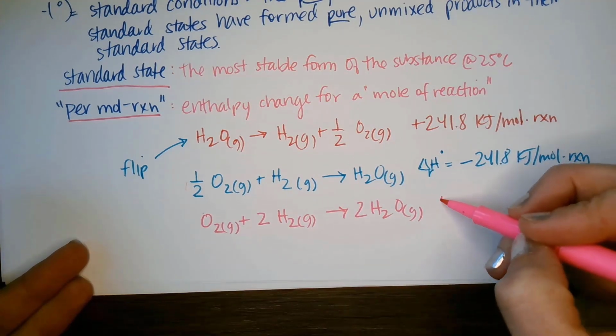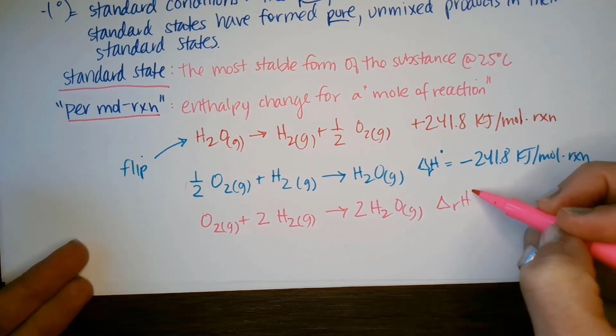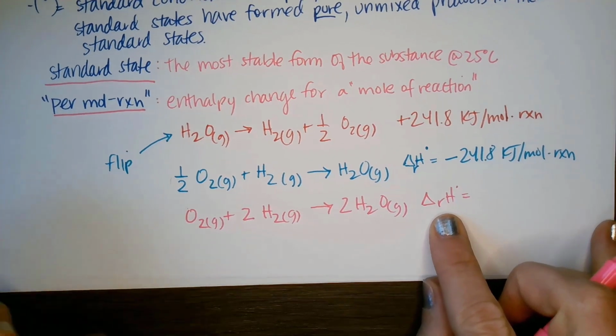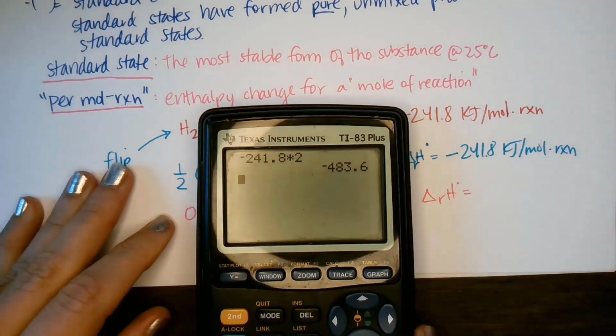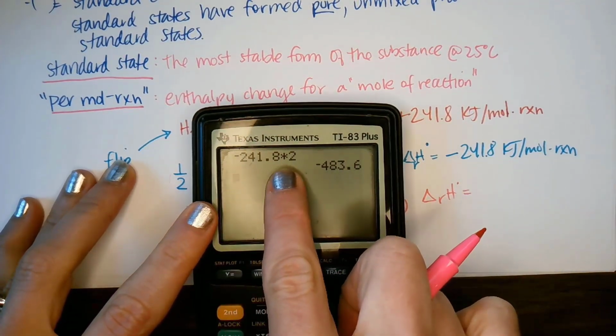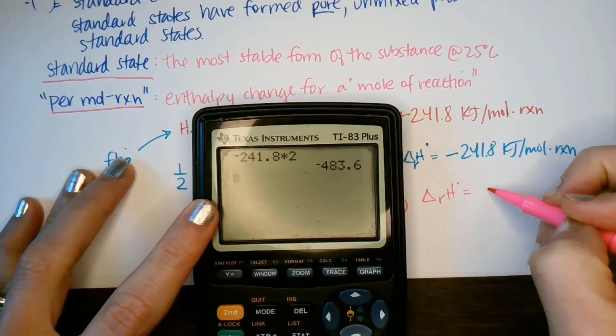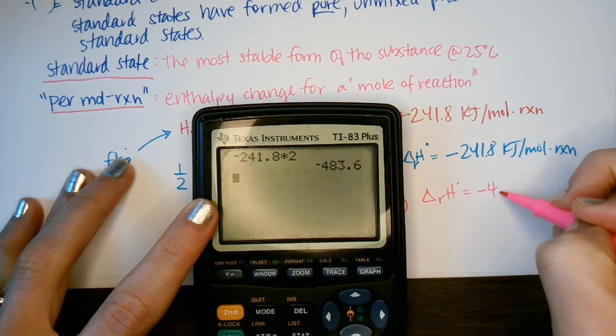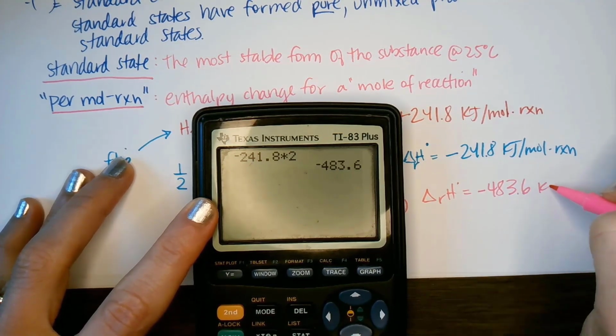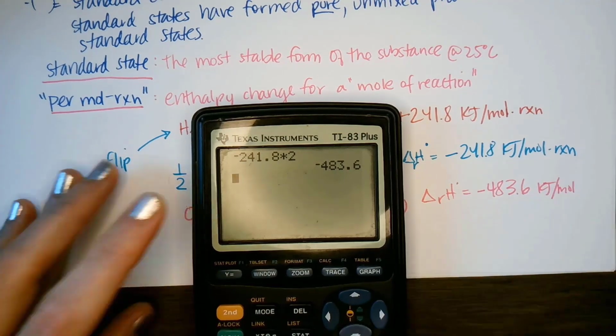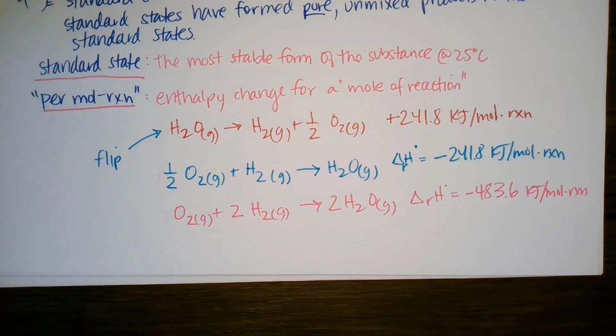To go from 1 mole of H2O to 2, I doubled it. We're still all balanced. But if I do that, my enthalpy also doubles. So I take my negative 241.8 and multiply it by 2. So my enthalpy for this reaction is negative 483.6.